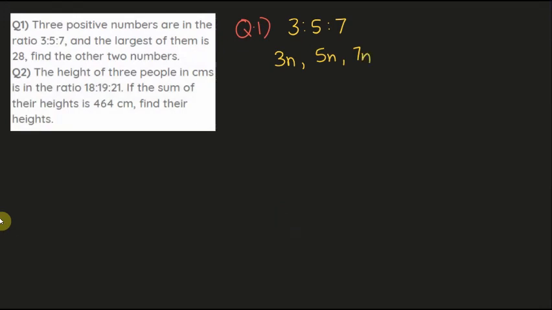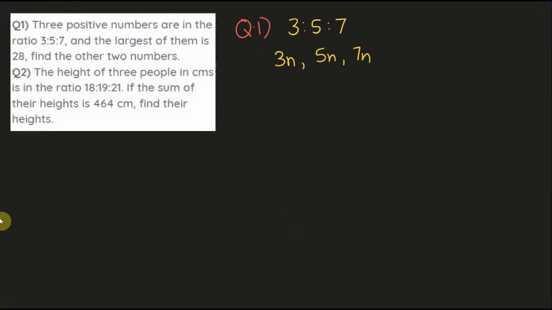The three numbers 3, 5 and 7 will be multiplied by the same number to get the actual numbers whose ratio is 3:5:7. This number can be anything. It can be 2, which will get us 6, 10 and 14. So they are ultimately in the ratio 3:5:7.